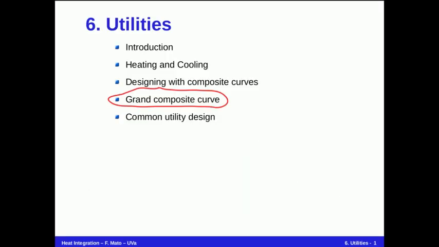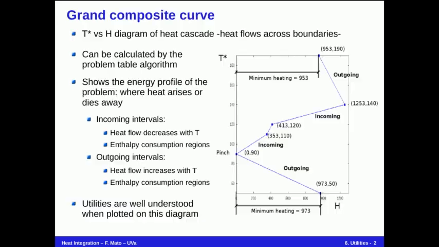Hello everyone, this is the third lesson on utilities, and we're going to treat how to design utilities using the grand composite curve. Remember, the grand composite curve is the heat cascade of the problem represented in the temperature versus delta H diagram. Temperature is displaced temperature.